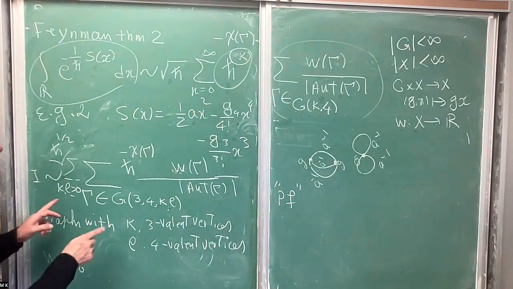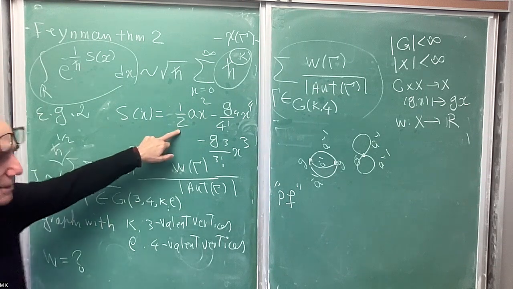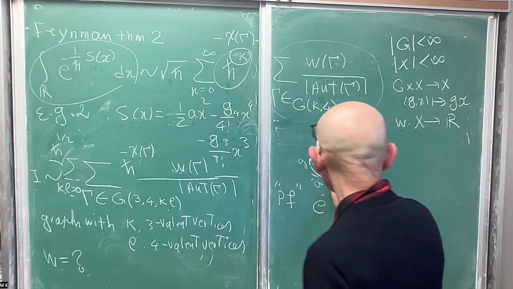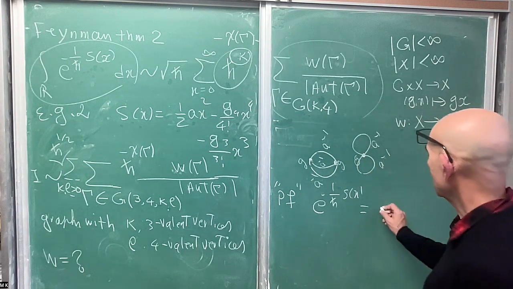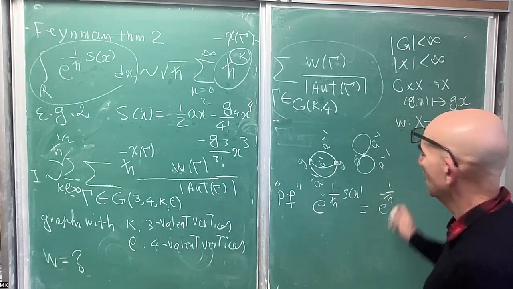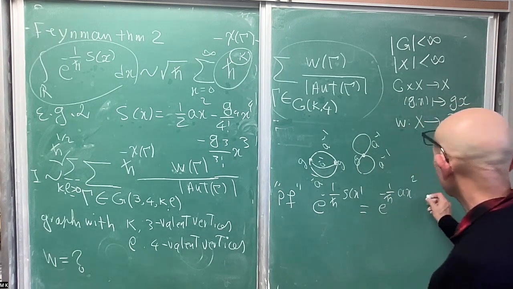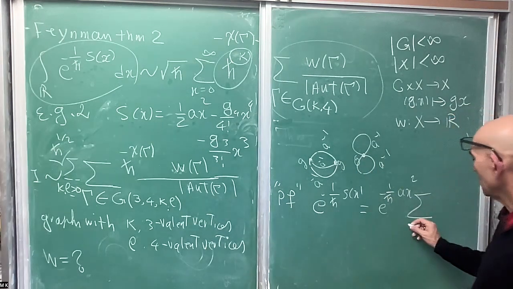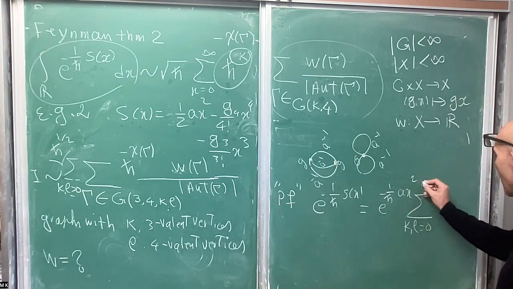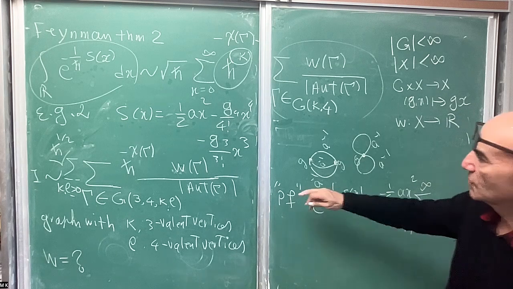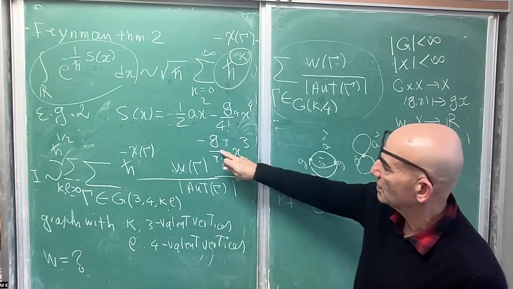You start by writing e to the minus 1 over h bar S of x in the following form: exponential of minus 1 over h bar A x squared, times a huge sum over K and L from 0 to infinity, written as a product of two exponentials, the G4 term and the G3 term.